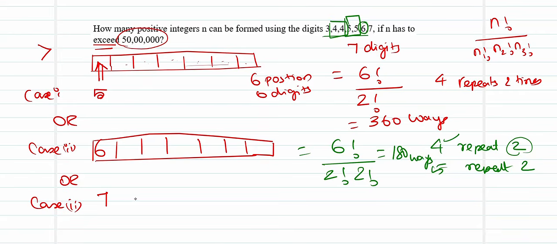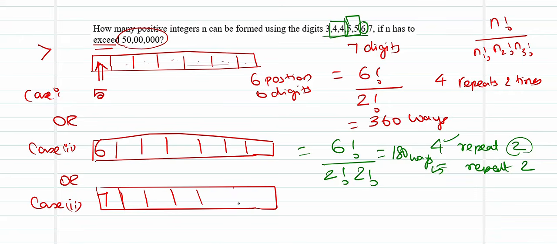Now coming to case 3, when the first element is fixed with 7, and I have 6 remaining boxes. Then how to handle the case? I am fixing 7, the digit getting fixed. So the remaining 6 positions can be filled with the remaining 6 numbers.